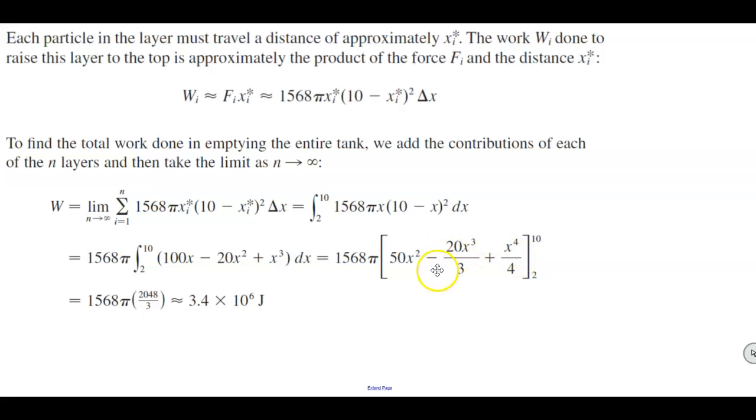Taking the antiderivative of all three terms, we get 1568 pi times 50x squared minus 20x cubed over 3 plus x to the fourth over 4, going from a lower limit of 2 to an upper limit of 10, which then gives us 1568 pi times 2048 over 3, which approximately gives you, in scientific notation, 3.4 times 10 to the 6 joules.